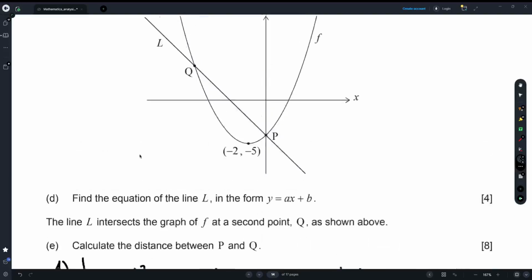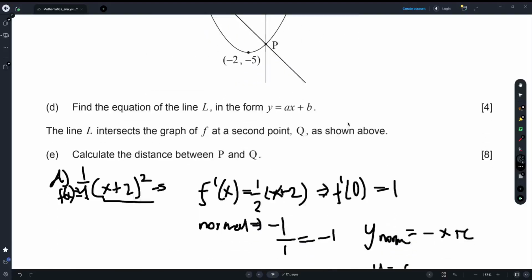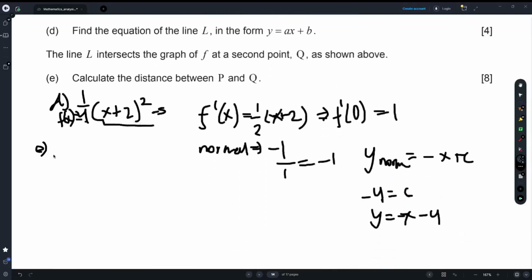Now we can equate this function to find this point Q, and we can calculate the distance between the 2 points. Okay, so 1/4 (x plus 2) squared minus 5 equals, and we equate it to negative x minus 4.